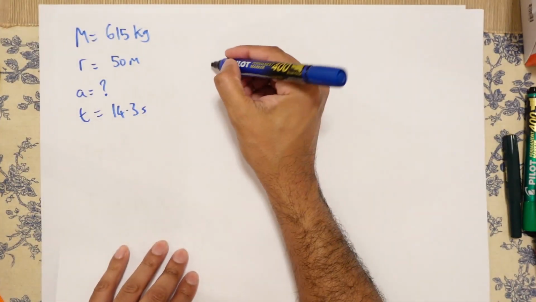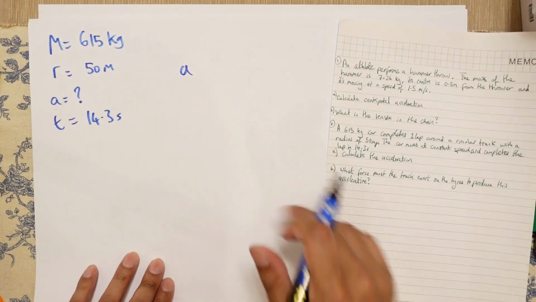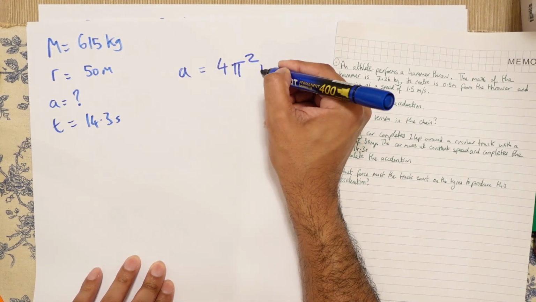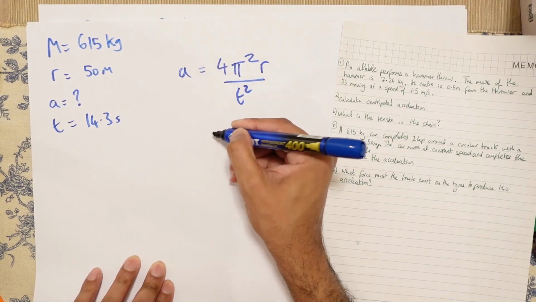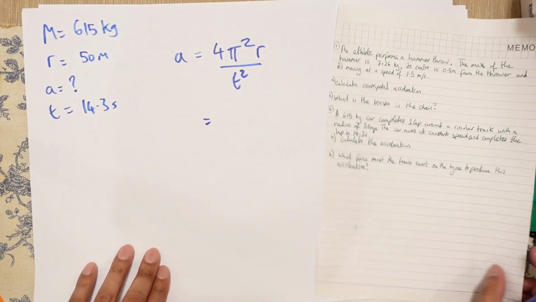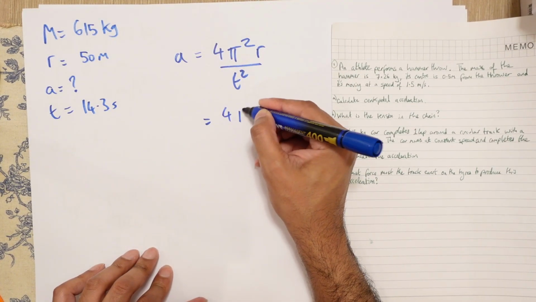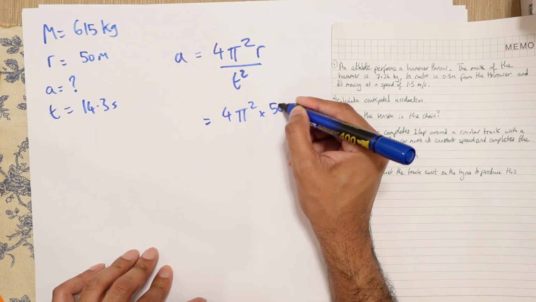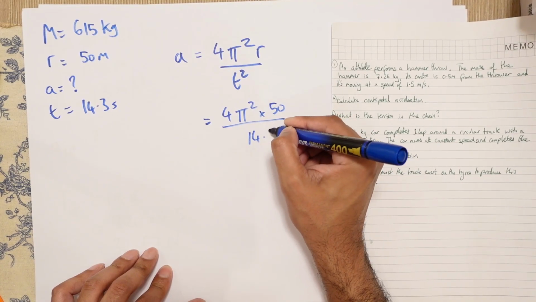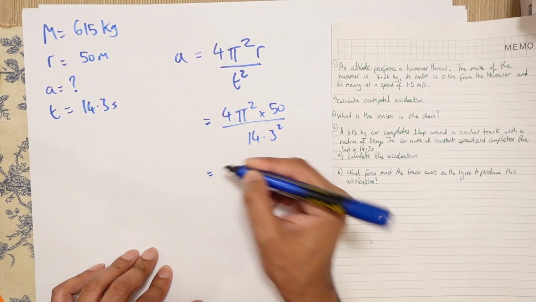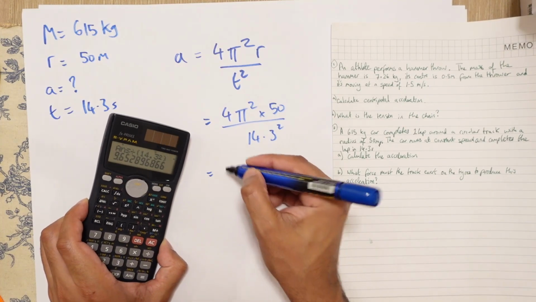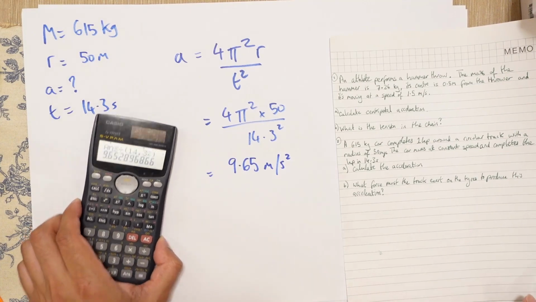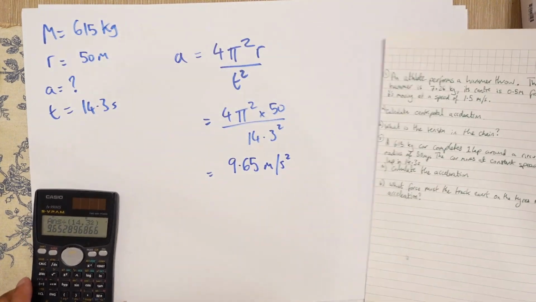So acceleration equals 4 pi squared r over t squared. Right, so that's 4 pi squared times 50 divided by 14.3 squared, which is 9.65 meters per second squared.